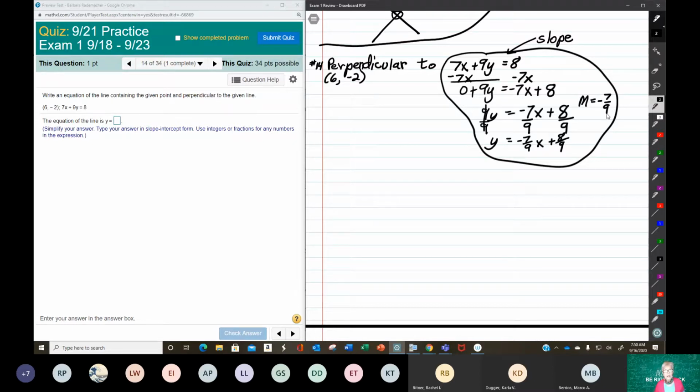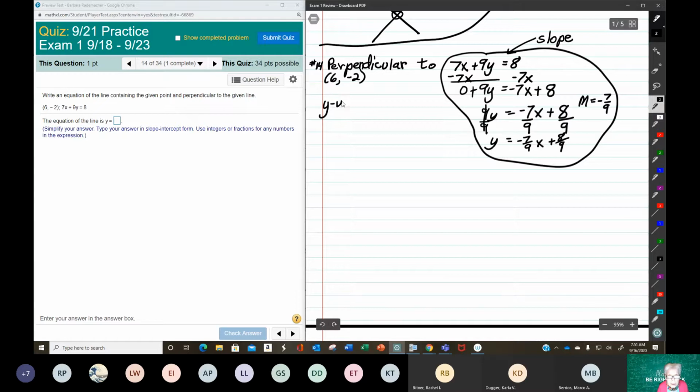Now, if we were working with parallel lines, we would use that slope to find the equation of the parallel line. But we're working with a perpendicular line, so we're going to have to change the slope in a certain predictable way. So let's use the point slope formula.